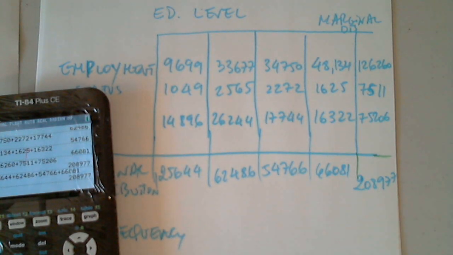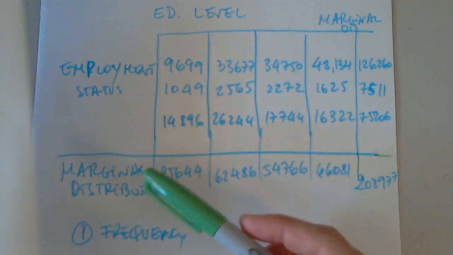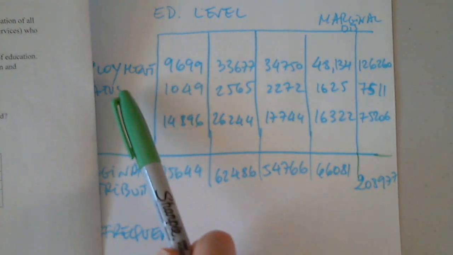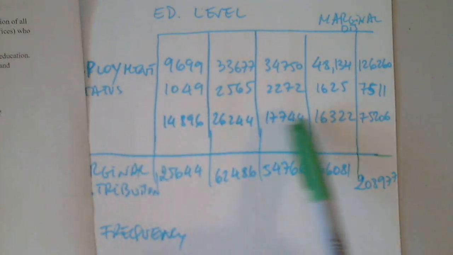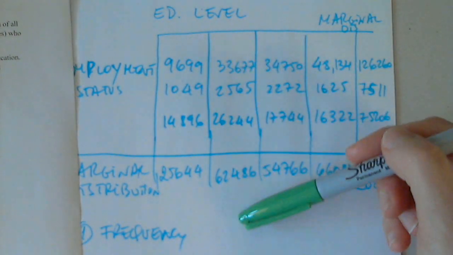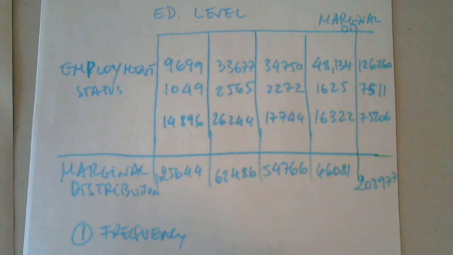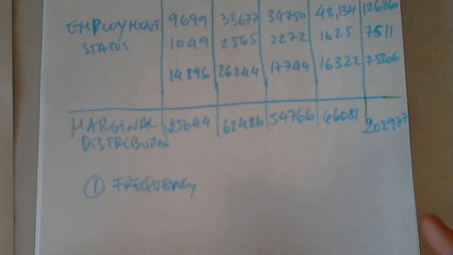I did get the same thing, so apparently I'm okay. So this is the frequency for employed, not employed, not in the labor force, and the totals for did not finish high school, finished high school, some college, and bachelor's degree. Okay, that was the frequency.